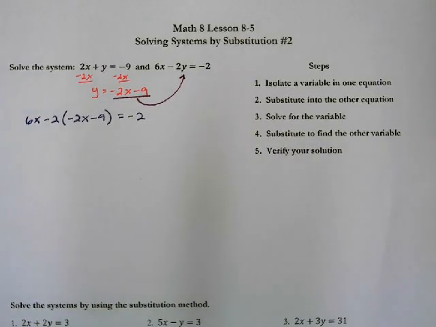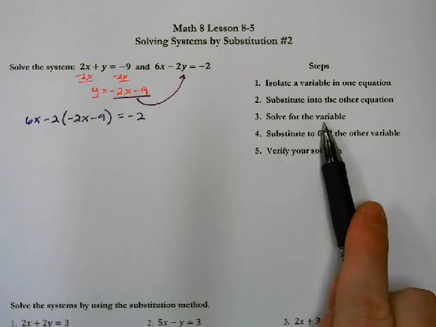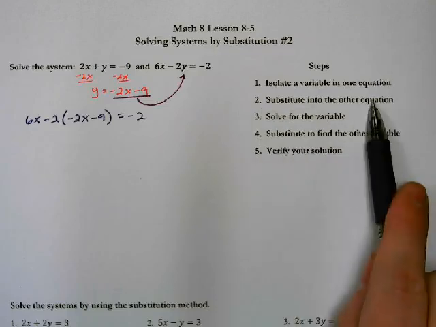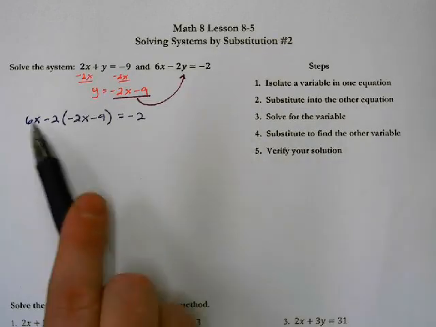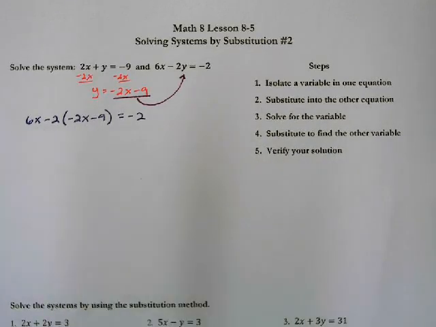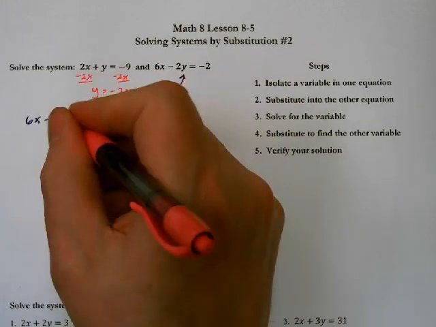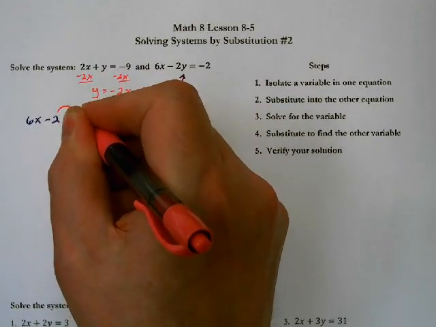All right, so this is different from what we did the other day. We never had to do this. What we have is a slightly extra step when I solve for the variable. So I've substituted. Now I'm going to solve for the variable. The variable I'm solving for is x because it's all by itself right there. I do need to do a little bit extra this time. I'm going to have to distribute.